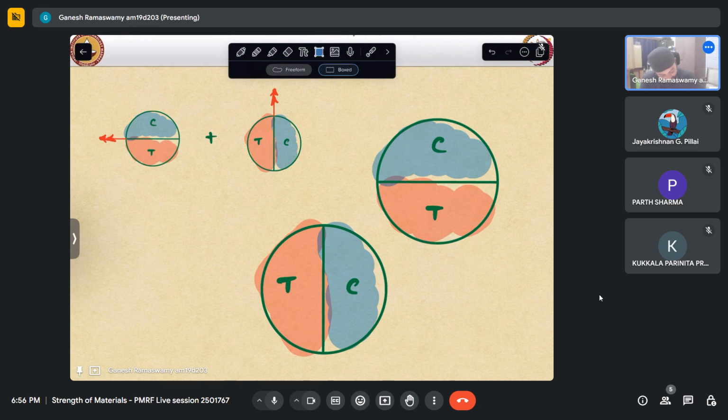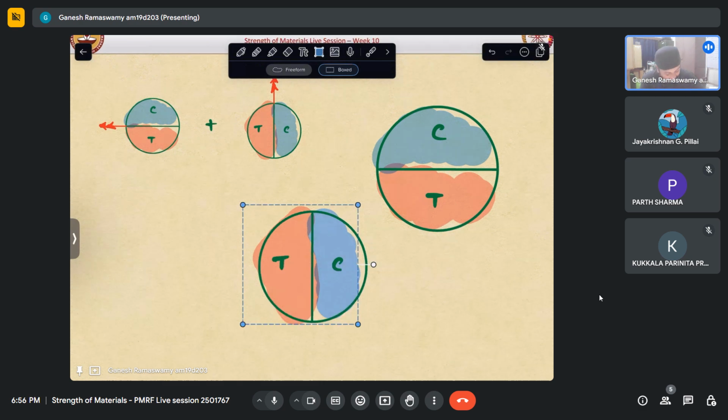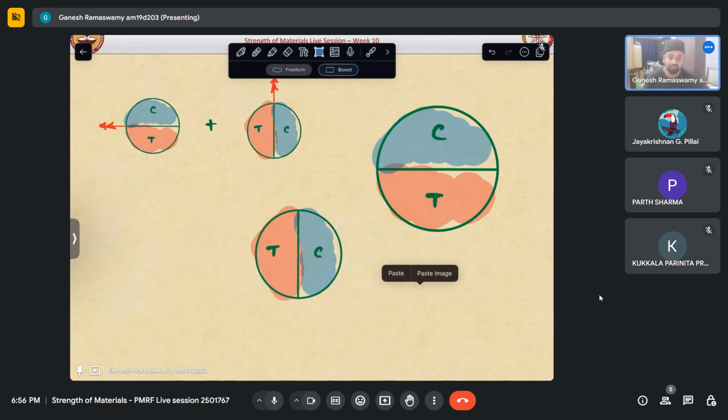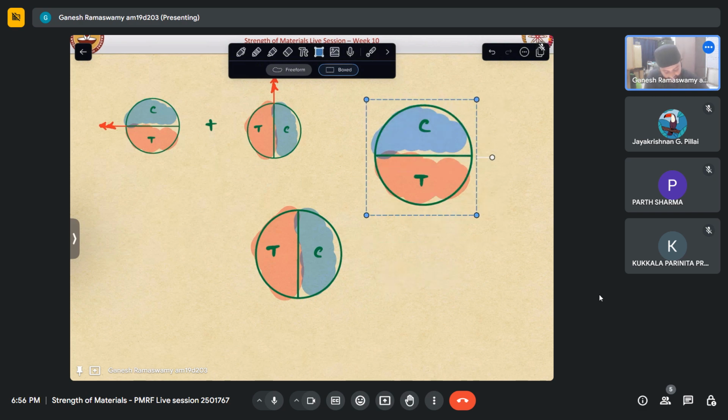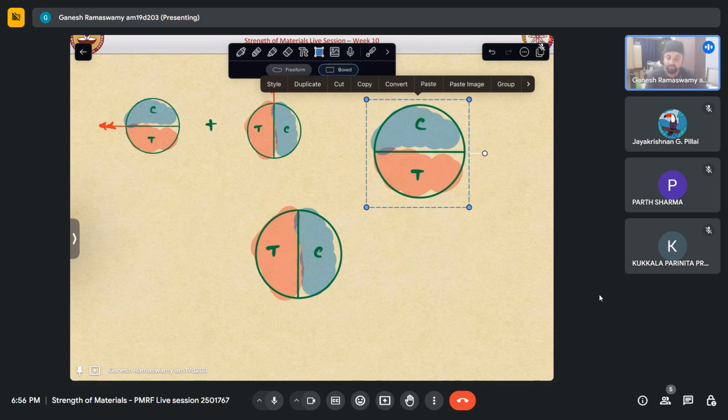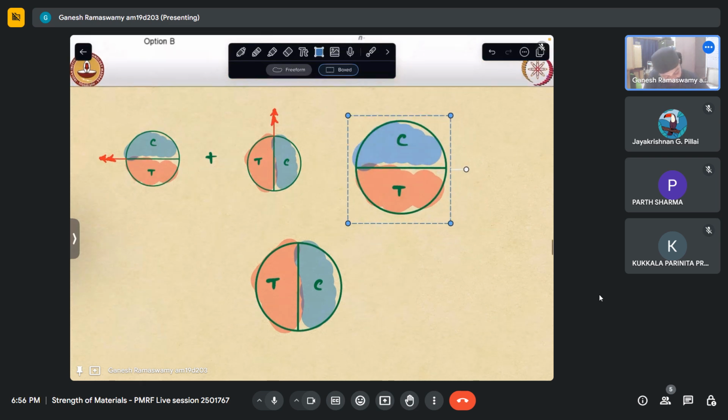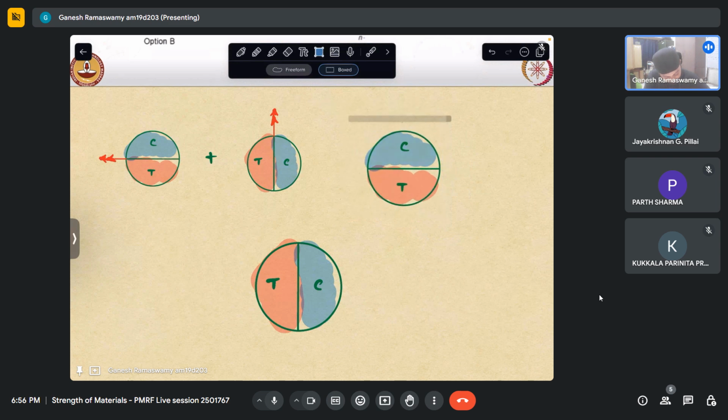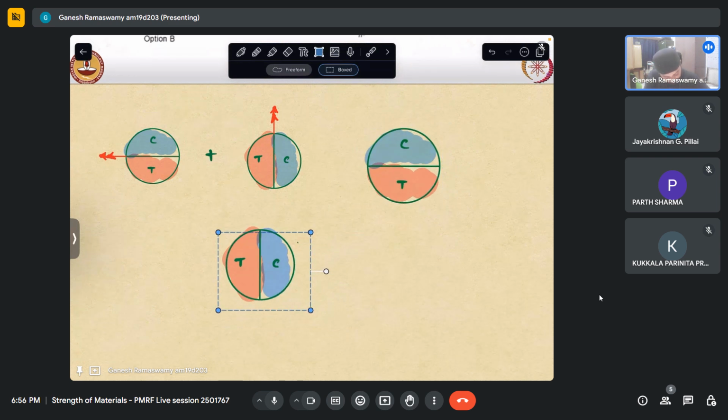If it is not clear, you may please ask and I'll be able to explain this again. In fact, you'll be better off dividing this into 4 quadrants because for a circle, it is generally easier to find out. We will also do one example for a rectangle on how to find out the neutral plane. Then it will be much clearer.